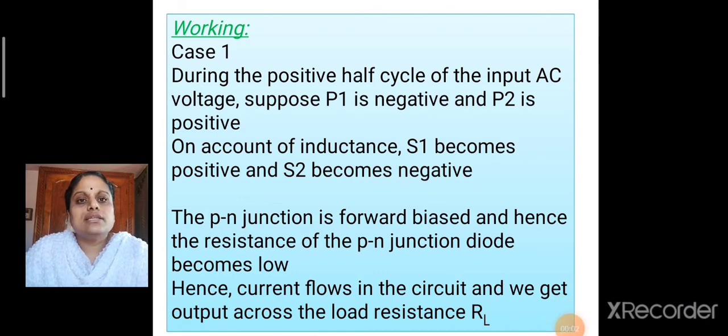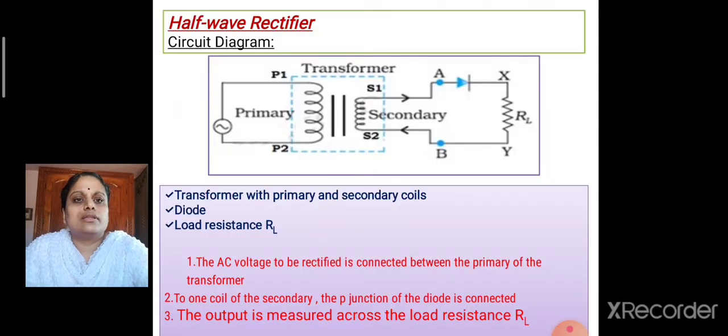Now let us see the working of a half-wave rectifier. Case 1. During the positive half cycle of the input AC voltage, suppose P1 is negative and P2 is positive. Then from the first figure, we can see that on account of induction, S1 becomes positive and S2 becomes negative. This is as shown in the figure.